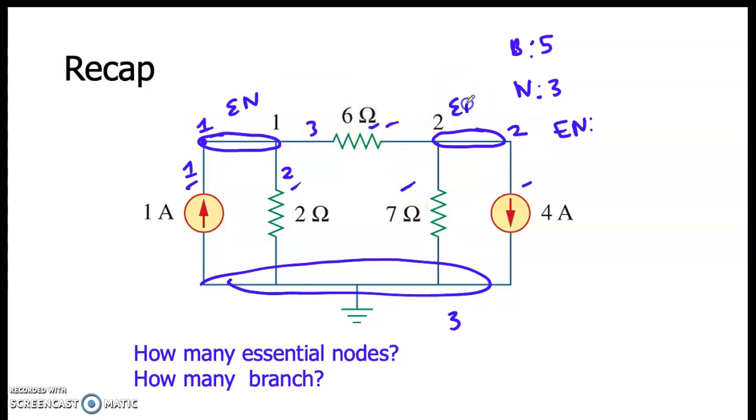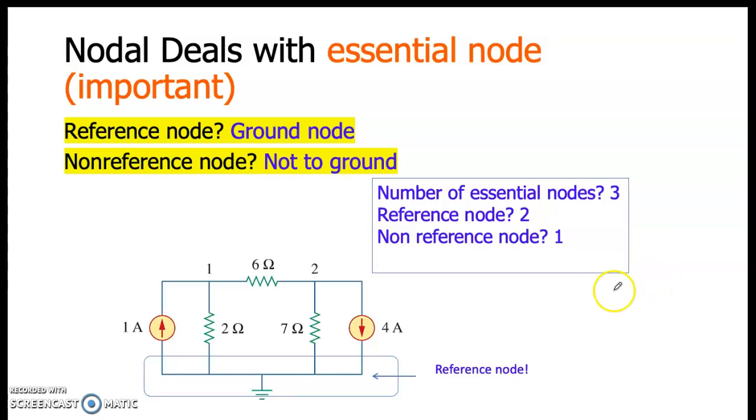This one is also an essential node. And here it only has 2 branches, right? How about the below one? We call it the reference node.